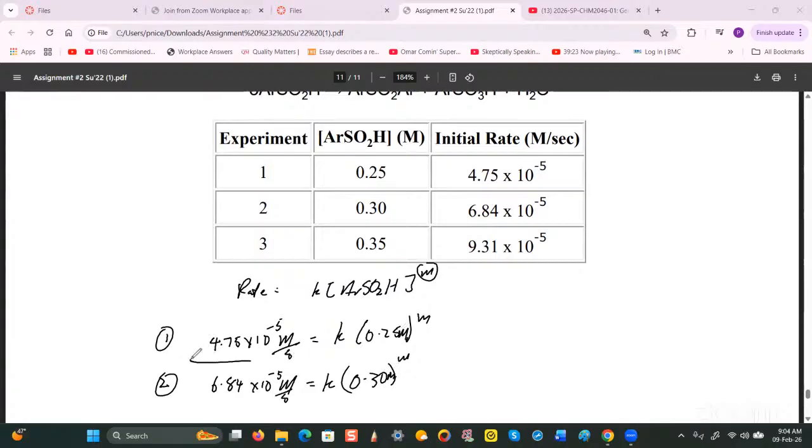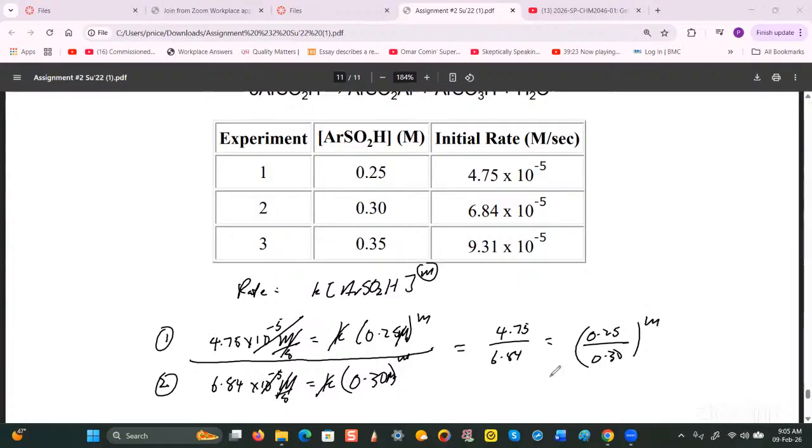Then what I'm going to do is divide the top by the bottom, and the K's will cancel out. The 10 to the minus 5 and these units will cancel out. So this will simplify to give you 4.75 divided by 6.84, and that will be equal to 0.25 over 0.30, all raised to the M.